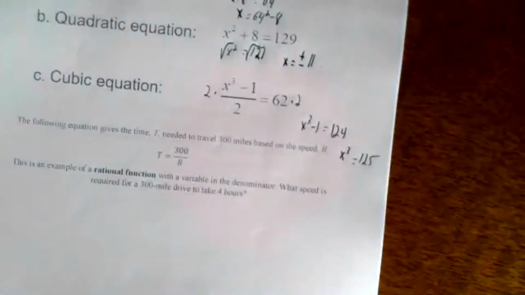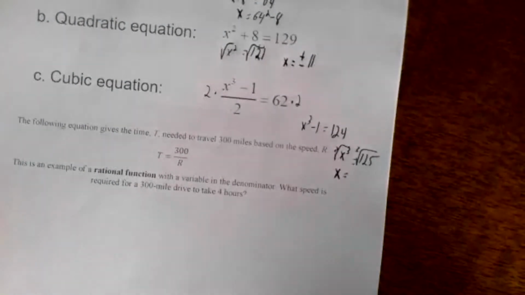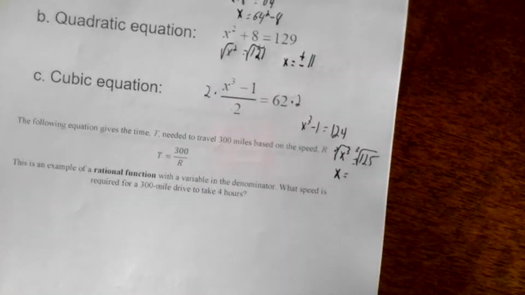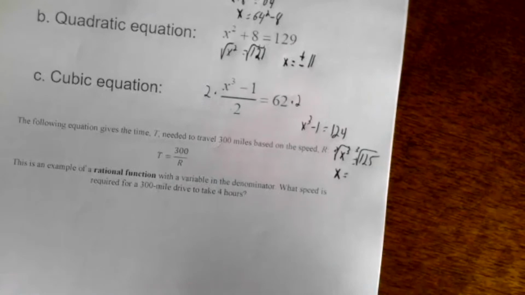So we get x to the third equals 125. And then we can just take the third root on both sides. So we get x equals, and 125, the cube root of that should be 5, I believe. Yep, so x equals 5.